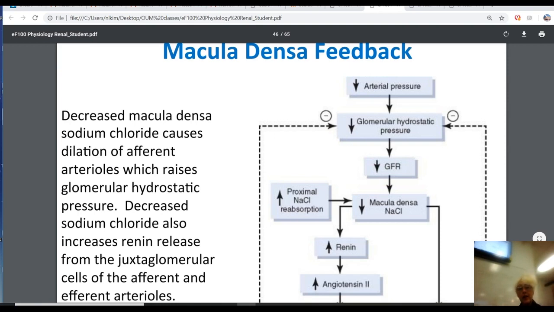And as you can see, this is where your electrolytes become important, which is why they say where sodium goes, water follows. The more sodium is taken up, the higher your blood pressure, and it'll create this cascade. Now, this cascade is to help raise your GFR.